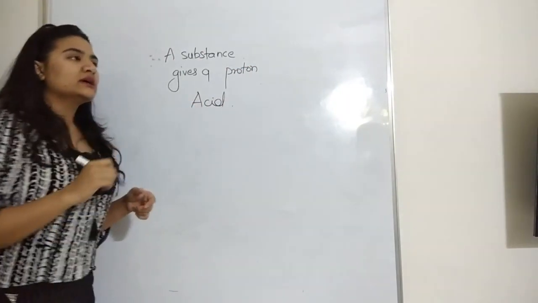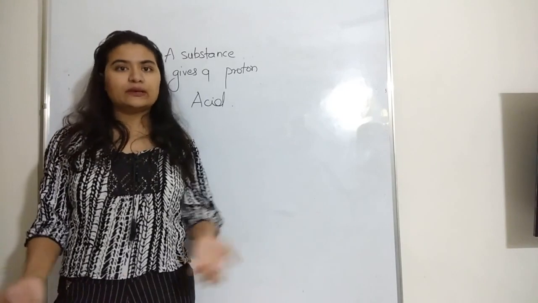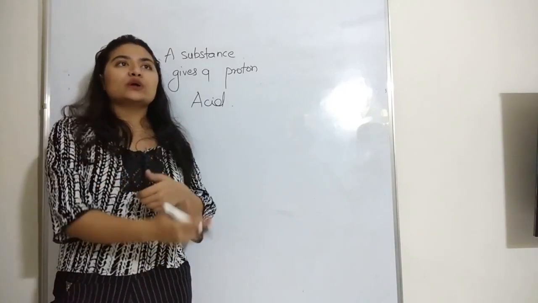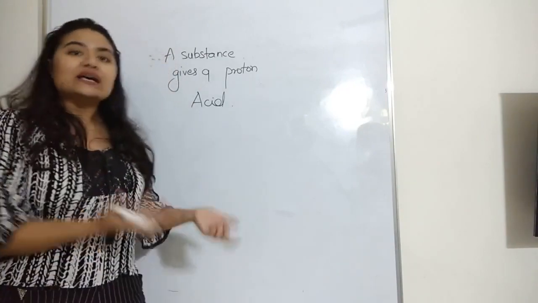So what does that mean? Can any substance give out a proton? No, not really, right? So giving out a proton means giving out an H plus, because acids do what?